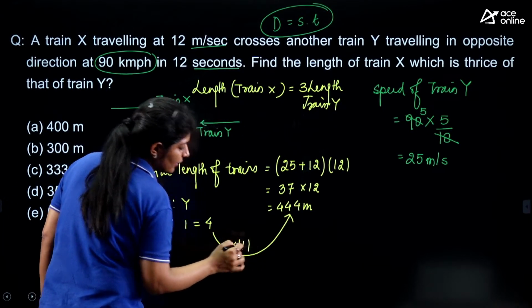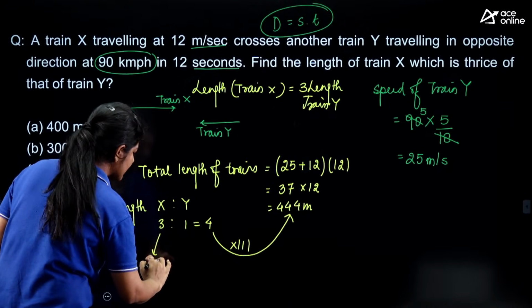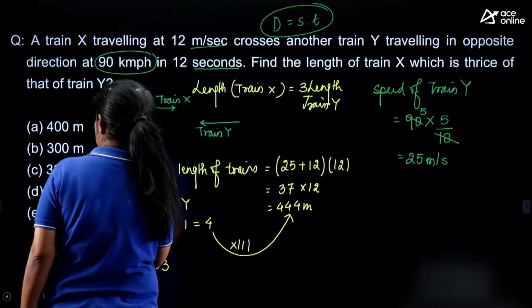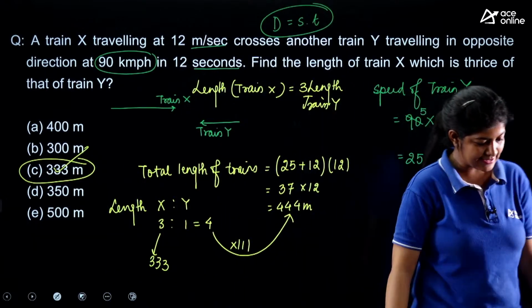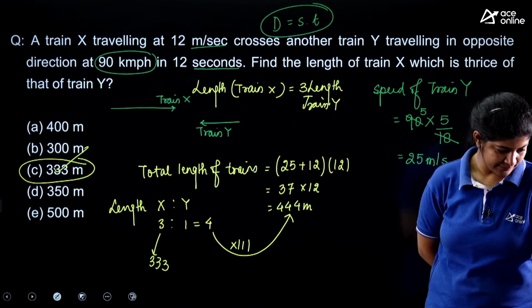That means it is a multiple of 111, so this is nothing but 333. Option C is the correct one.